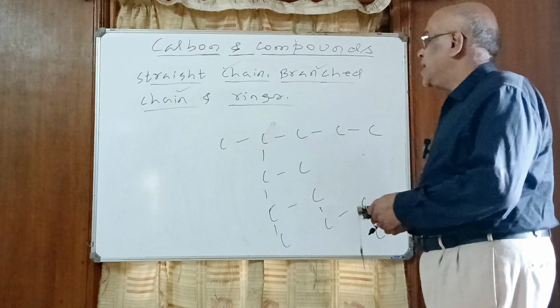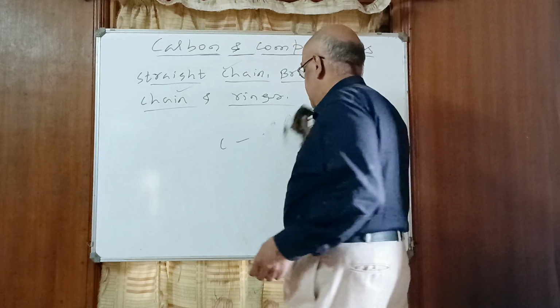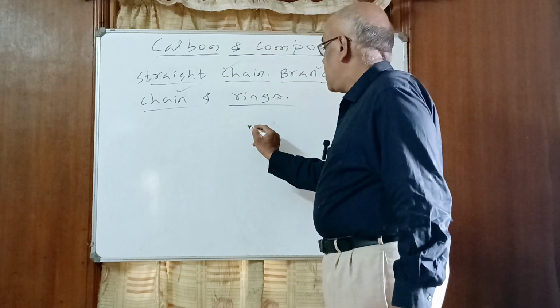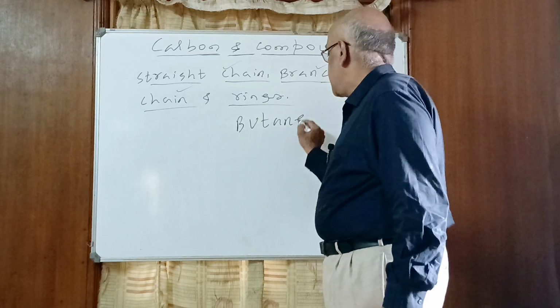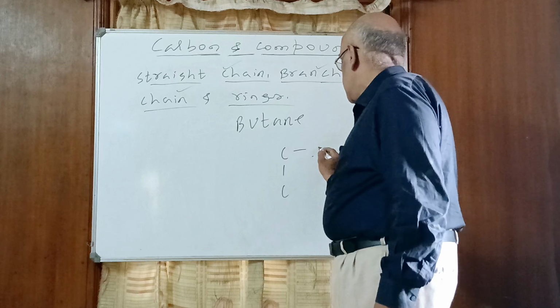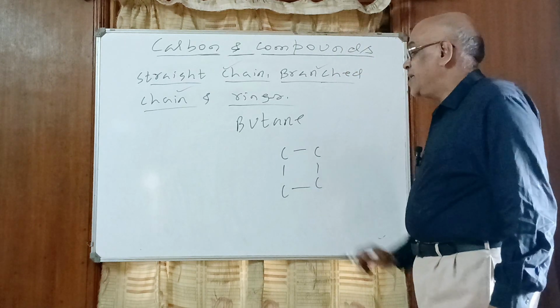Lastly, children, rings. Ring structure. Ring structure means they have a closed structure. See, for example, again you take the example of butane only, children. Butane. How many carbon atoms are there? 4. See, it is a closed structure or ring structure.